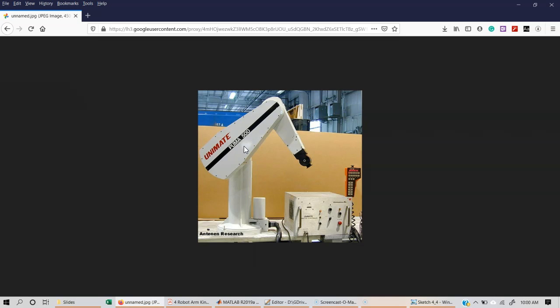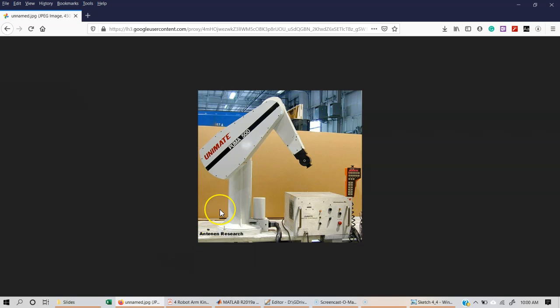Even though it's old, it's not used that much anymore these days. We'll be using this PUMA 560 robot arm to study robot kinematics because it has been widely studied and the robot parameters are available for us to use. If you manage to understand robot kinematics of PUMA 560 well, you should be able to understand the kinematics of other arms as well.